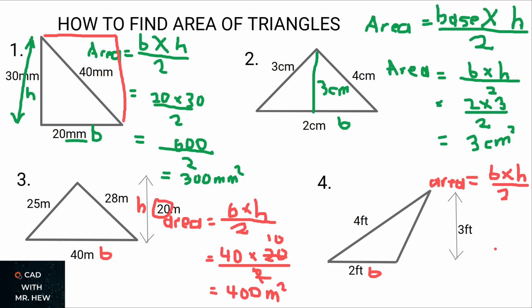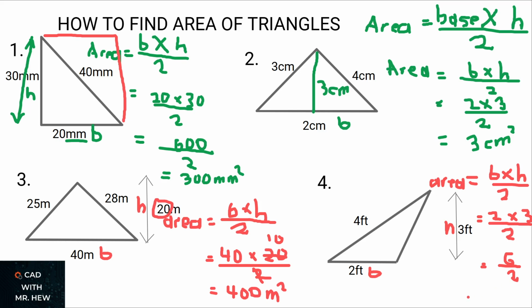12 inches make 1 foot. For the base, we have 2 feet, and the height is right here. So we can write equal here and draw a line. The base is 2 and the height is 3, and we divide by the constant 2. 3 times 2 is 6, and we have the division by 2 there.